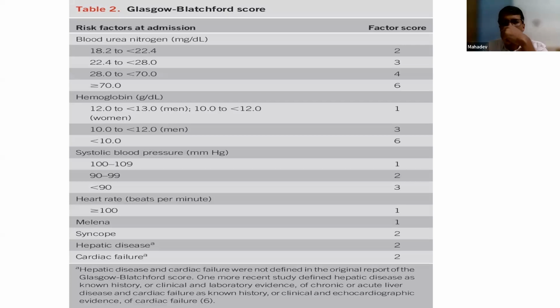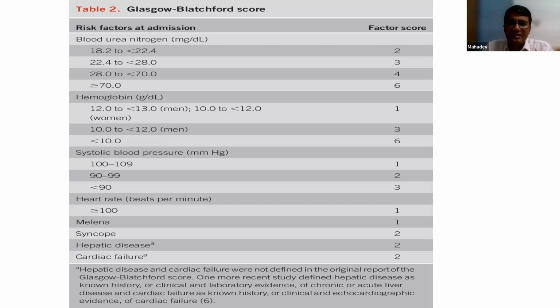Whenever we are triaging, one important score which comes up is the Glasgow-Blatchford score. In this, they identify the risk factors at admission and have given a score to each factor. For example, blood urea nitrogen in milligrams per dL, and depending on the level, the score is assigned. Hemoglobin, depending on how much is the loss, the score is assigned.